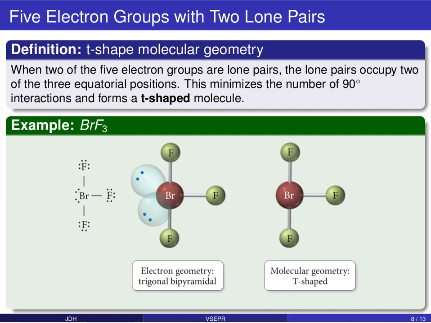Okay, so the T shape here is exemplified by the BrF3 molecule, where you end up having 2 lone pairs on that central bromine atom, and the corresponding T-shaped molecular geometry is illustrated here on the right-hand side.